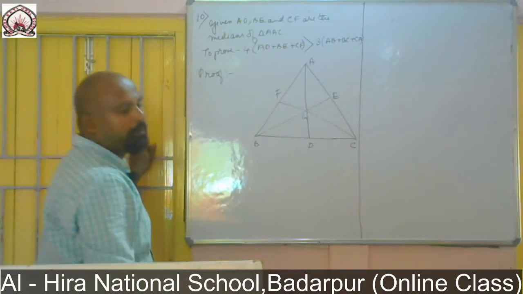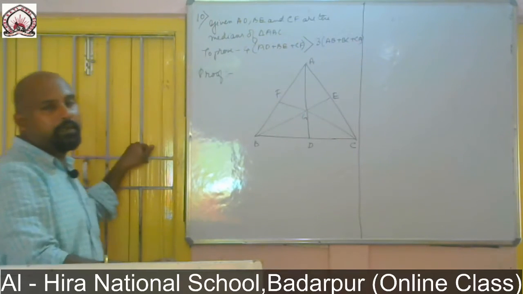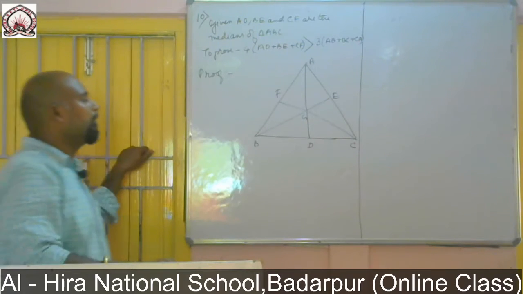Now we know the sum of the two sides of a triangle is greater than the third side. What can you write?